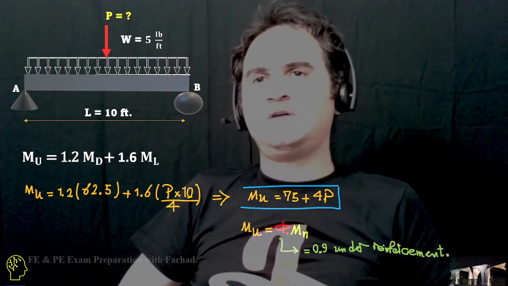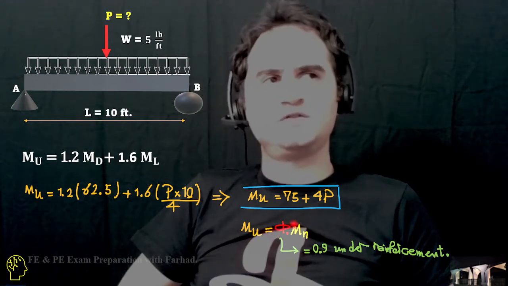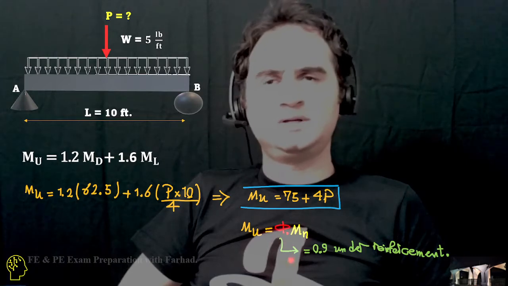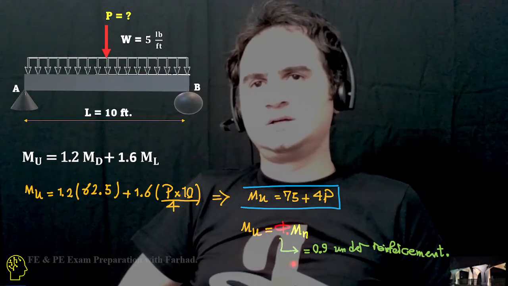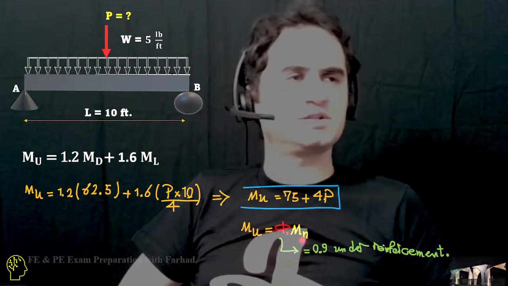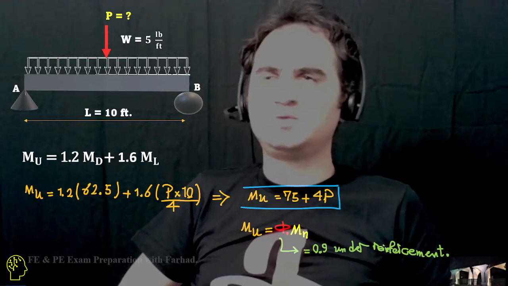At the same time, we know the ultimate moment is a reduction coefficient times the nominal moment. For the under-reinforced condition, phi for a tension-controlled member is 0.9, 90% of the nominal moment.